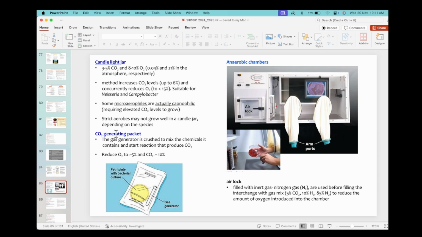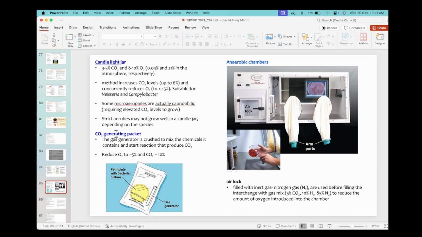You place the plates inverted, put a candle in, and then just cap it tight. The candle will extinguish, but as it burns, it uses oxygen and releases CO2. So you will have a suitable environment.